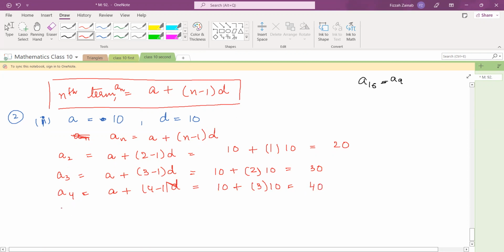So the first four terms are: the first term a, that is 10, next a2, that is 20, 30 and 40. Right, Hamna?